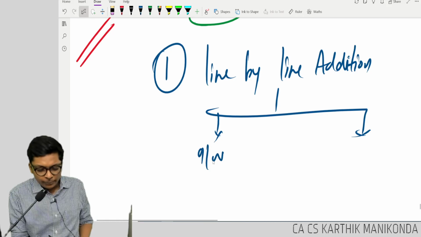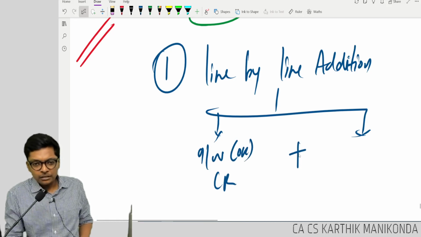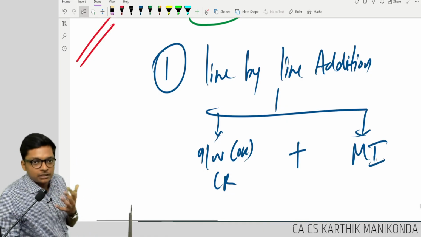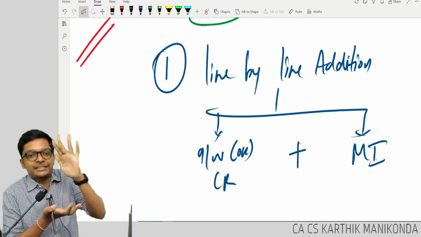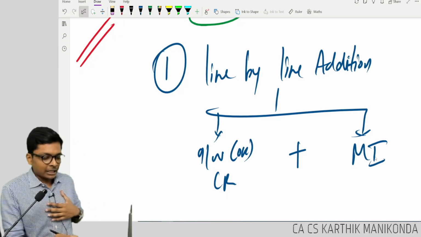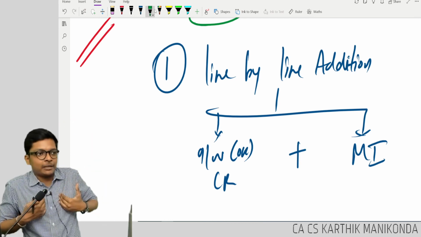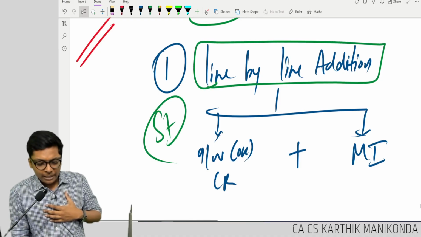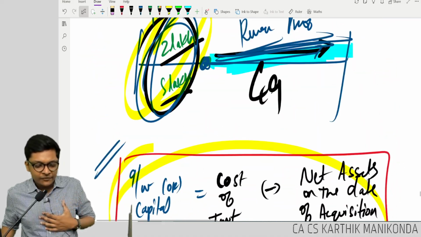One is you have to compute goodwill and/or capital reserve, and if applicable, you have to compute minority interest. That's it. What we did now is an adjustment in a big sum. The summary of the 5 examples tells us it's line by line addition subject to computation of goodwill or capital reserve and computation of minority interest if it is there.